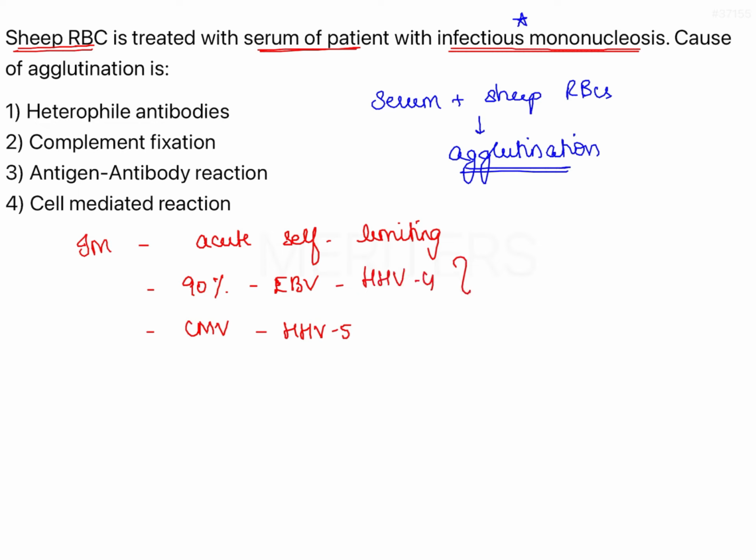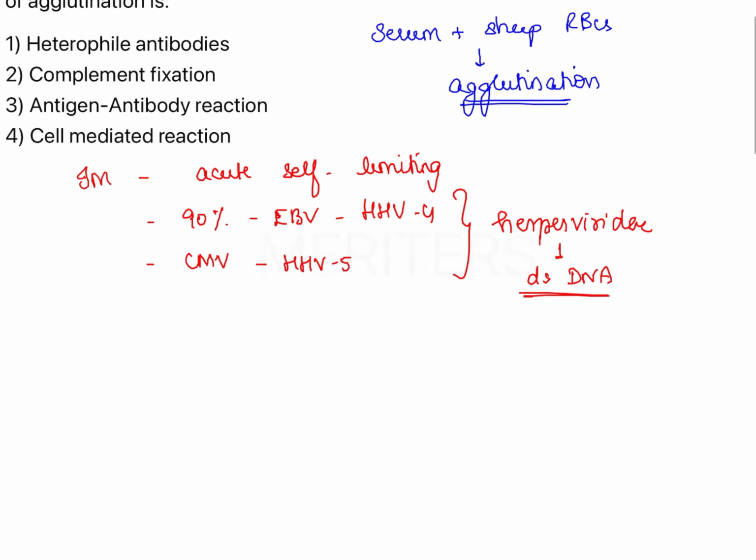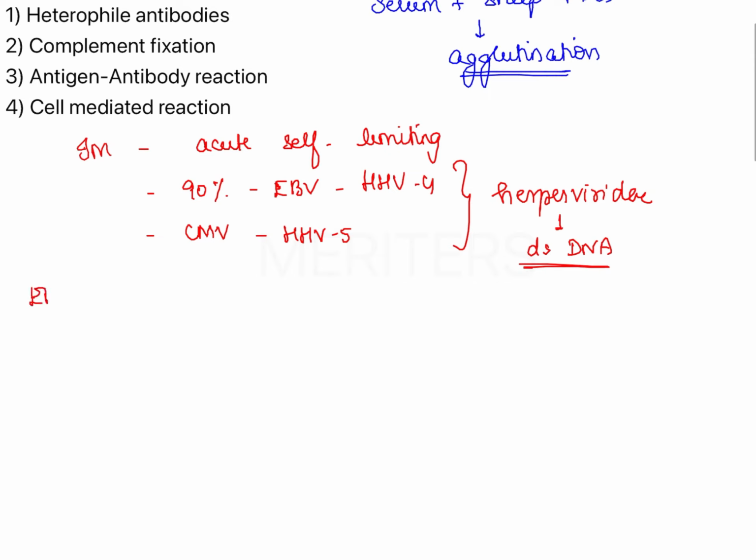type 4. Both belong to the herpesviridae family, and the herpes viruses are DNA viruses consisting of double-stranded DNA as a genetic material. This Epstein-Barr virus affects the B lymphocytes. It shows tropism for B lymphocytes, which are involved in humoral immunity, that is in production of antibodies.